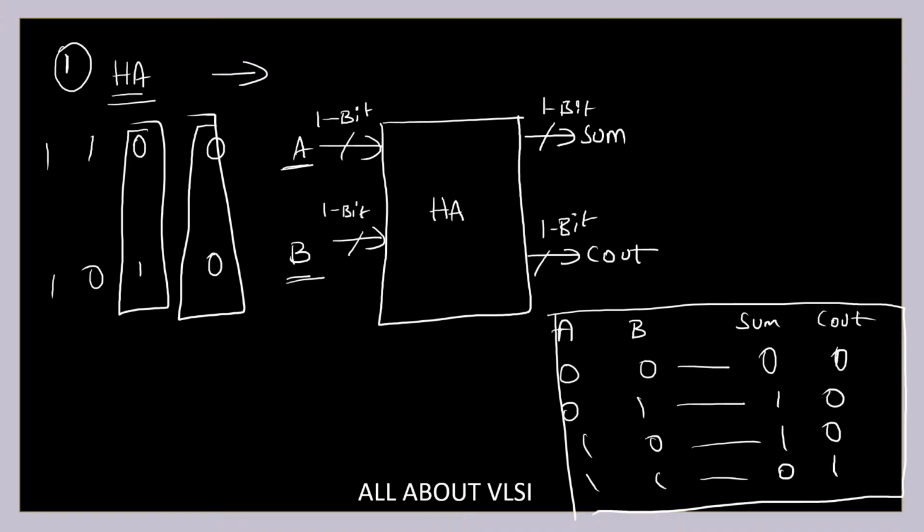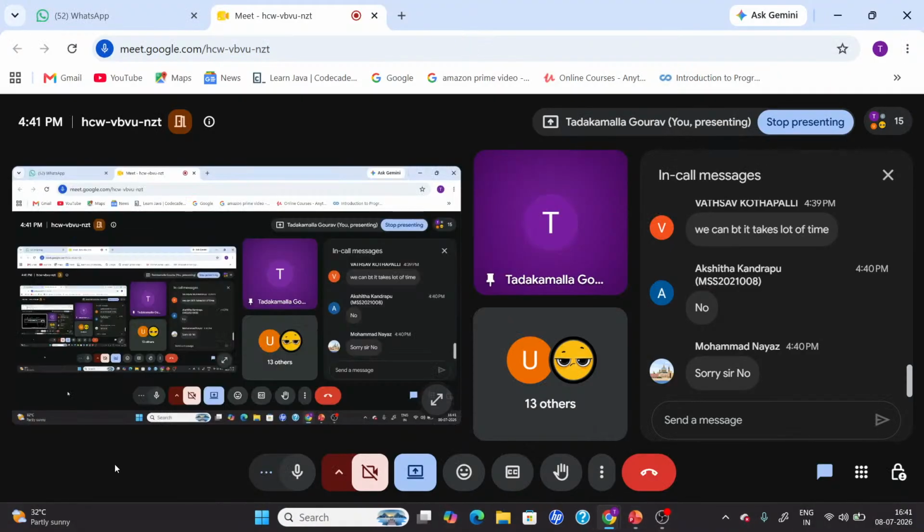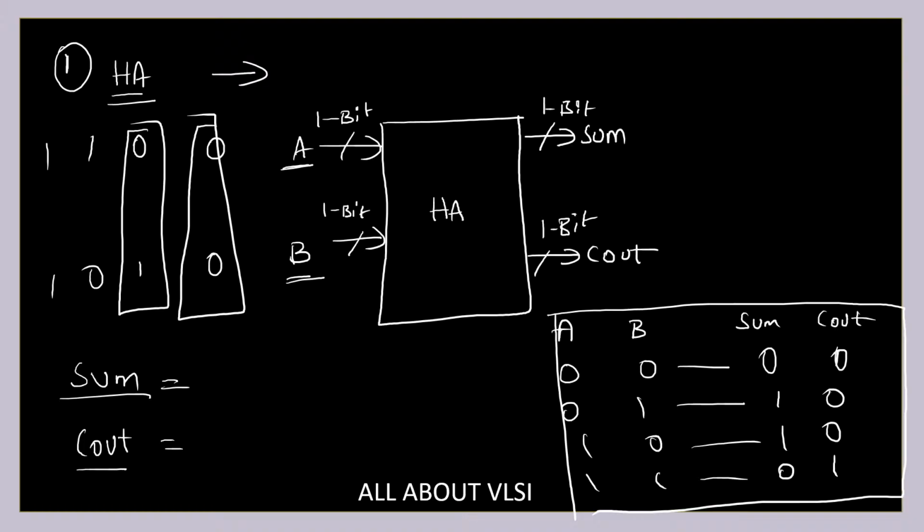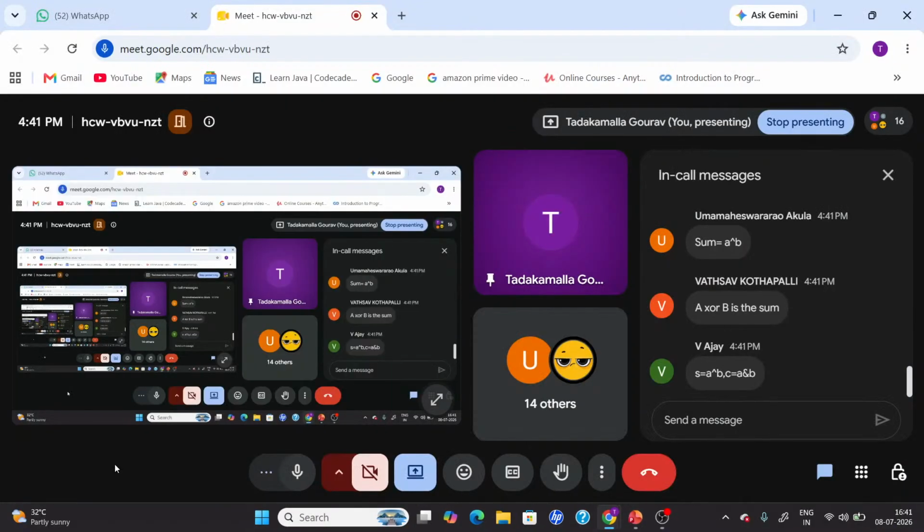Now, using this particular truth table, can anyone come up with the Boolean expression for Sum and the Boolean expression for Cout? Exactly. How are you going to get these equations?